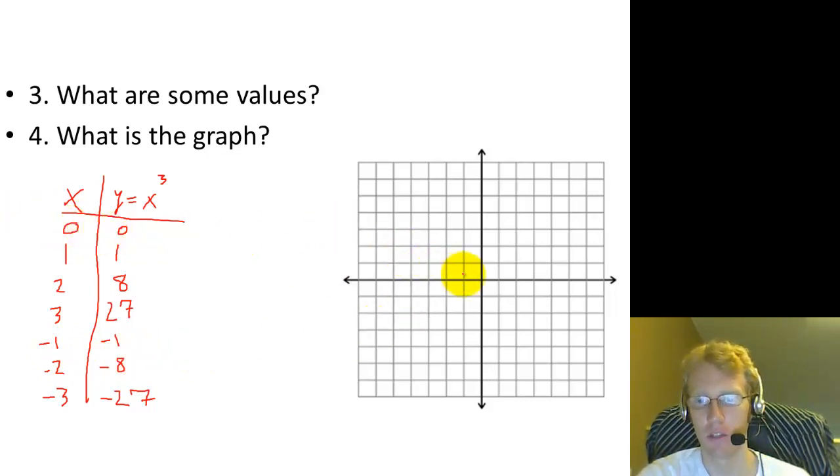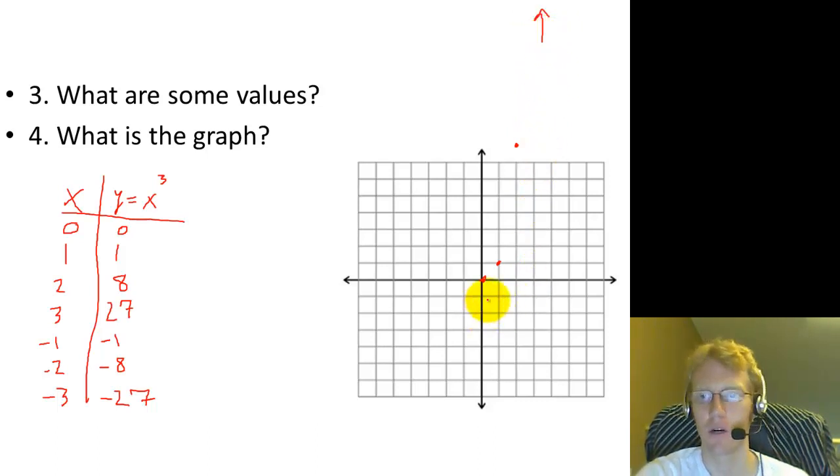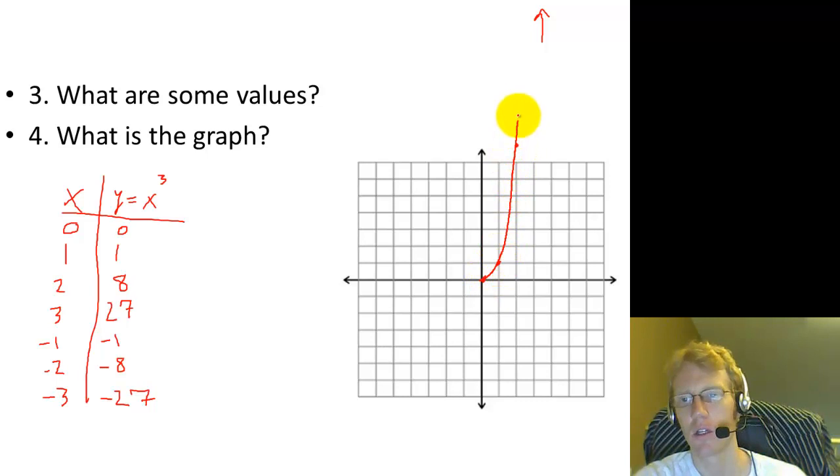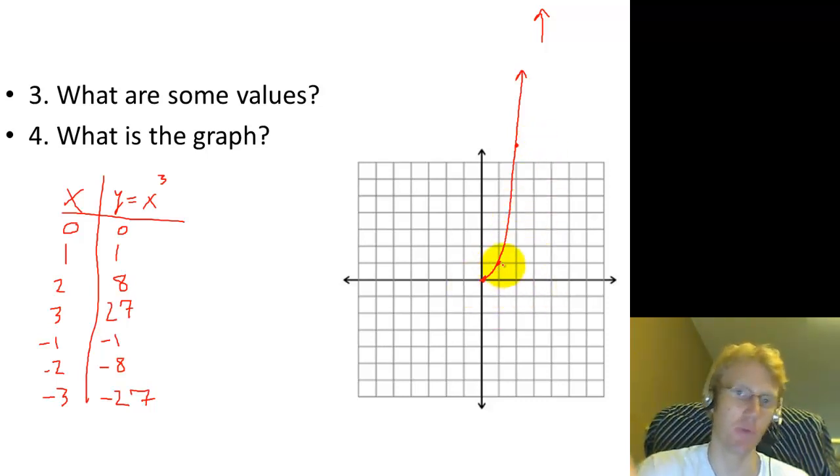So we've got the point 0, 0. Let's plot that. 1, 1. Over 2, up 8. So 1, 2, 3, 4, 5, 6, 7. Up 8 would be like right here. And over 3, up 27 is way up there somewhere. So this graph, it's kind of like a parabola. It's curling upward, but it's much steeper. Remember, a parabola would have been over 1, up 1, but then over 2, up 4, over 3, up 9. So it's like a parabola, but it's a lot steeper.